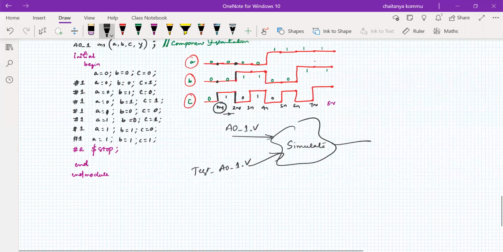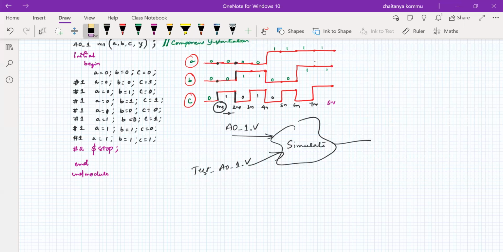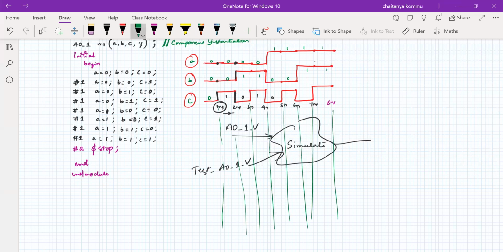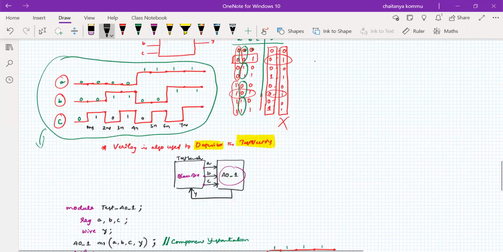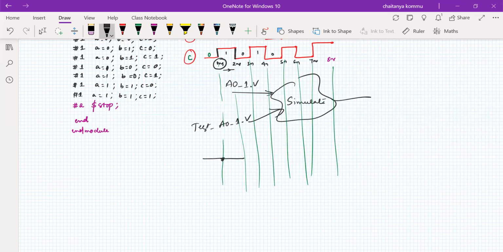So what is the expected output at this point? 1, 2, 3, 4, 5, 6, 7, 8. What is the output you can expect? 0. Three zeros, 1, three zeros, 1, three zeros, 1, and then 1, 1, 1, something like this it is producing.